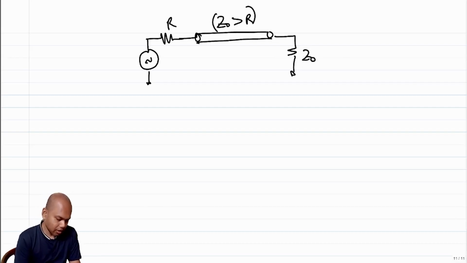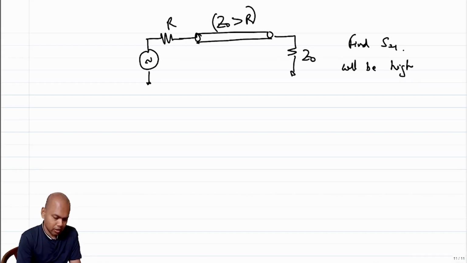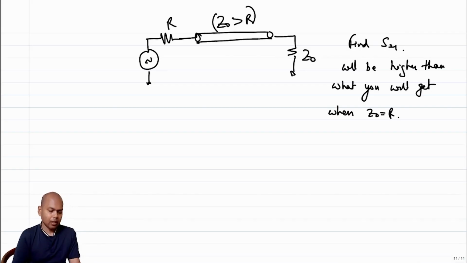So I will leave it to you to find S21. When you find S21 for this, it will be higher than what you get when Z naught is equal to R. That does not necessarily mean it's a good design.